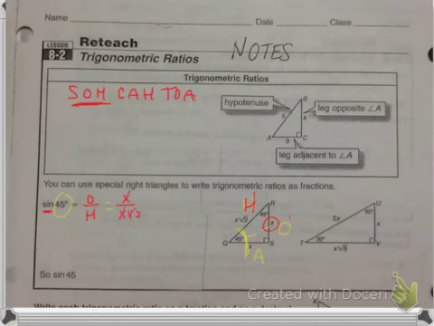The x's are going to cancel. We're going to get 1 over square root of 2. Now, remember that when we have a square root in the denominator, we have got to rationalize the denominator. In math, it's okay if we multiply by something that equals 1. We pick the square root of 2 over the square root of 2 because this helps me get rid of that radical.